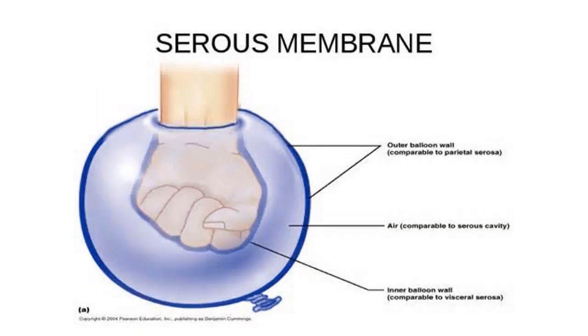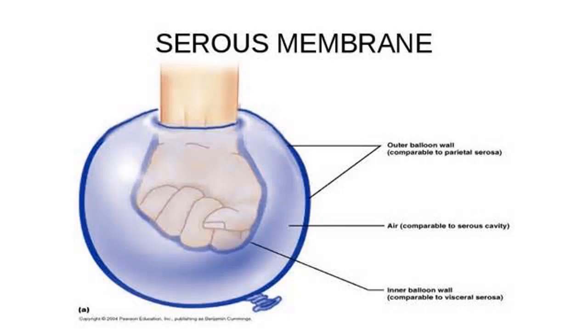This kind of membrane lining a cavity which does not open to the outside is called a serous membrane. What is another kind of membrane? The other kind is a membrane that lines a cavity that opens to the outside, like the membrane lining the mouth or the nose.